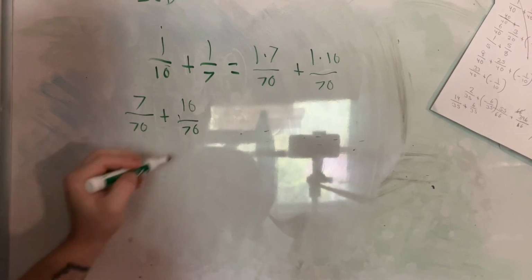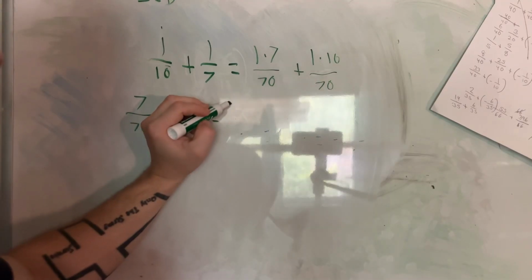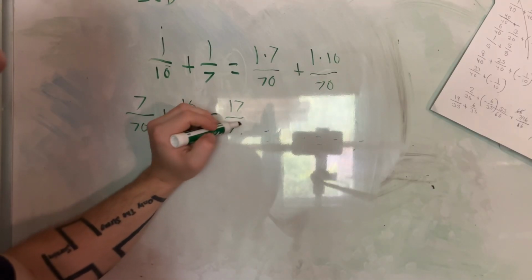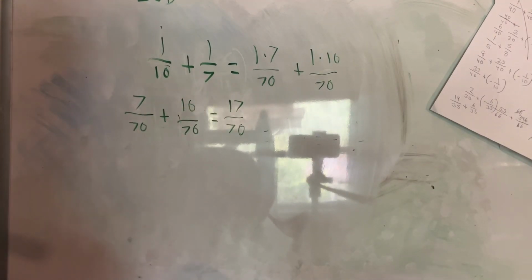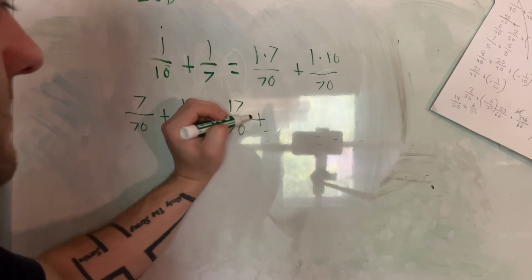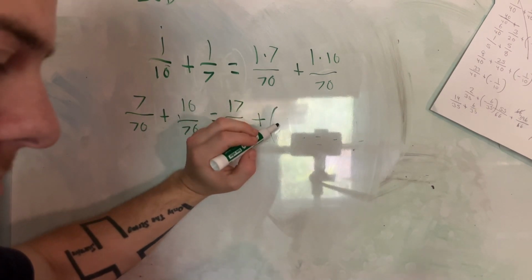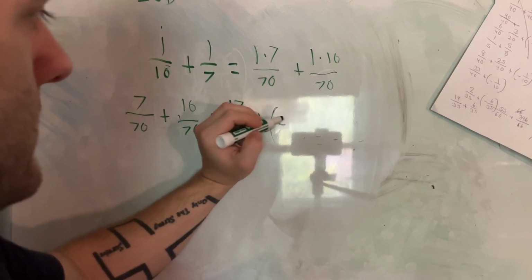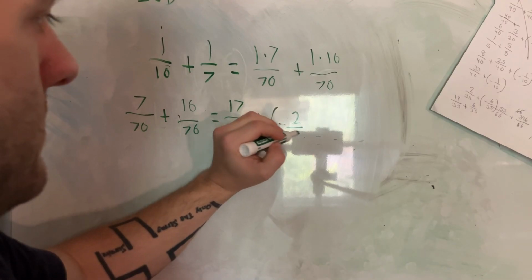Now we can add these two fractions together to get 17 over 70. Now we have a third fraction here to add in, which is negative 2 over 5.